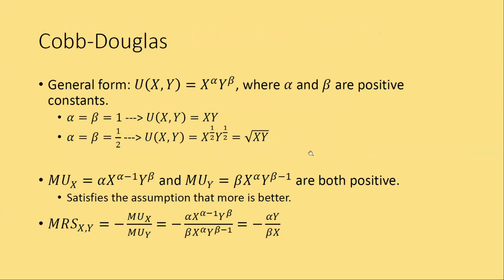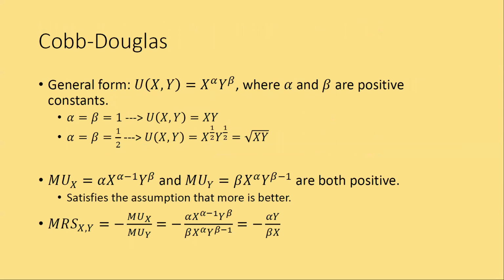The third type of special preference is Cobb-Douglas. The utility function that I used as an example last time is a special case of the Cobb-Douglas utility function because it has some very nice features.